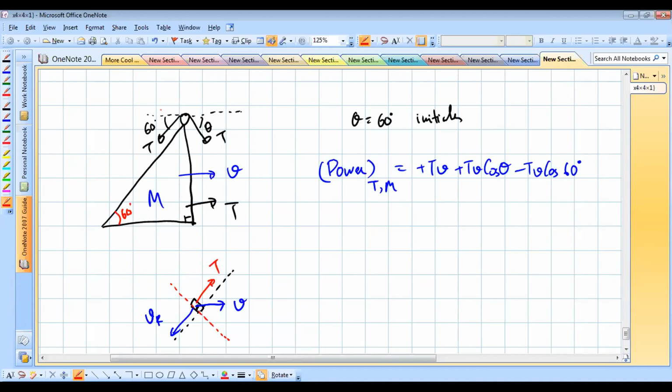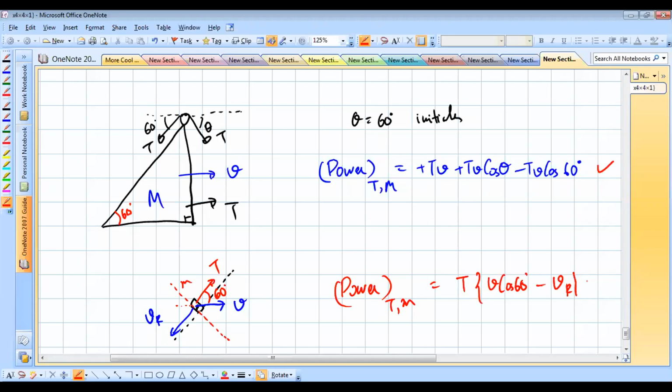And then you can see because this angle is 60, that's why this angle is 60. That's why here this angle. So the power delivered by tension on the smaller block will be T into V cos 60 minus V relative.